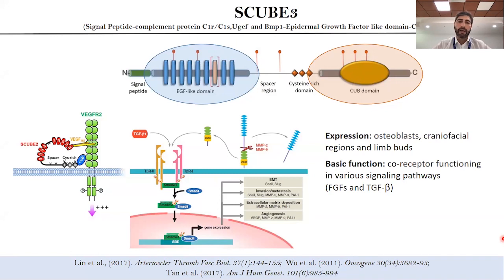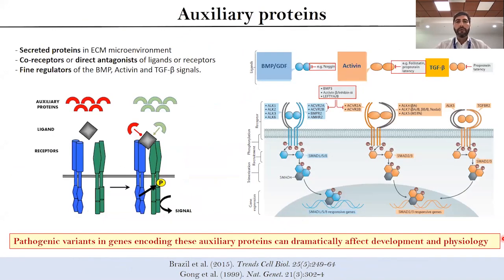Basically, it works like a co-receptor or auxiliary protein. In the next slide, we show how auxiliary proteins are important in development and physiology, as pathogenic variants in genes encoding these proteins can dramatically affect development.